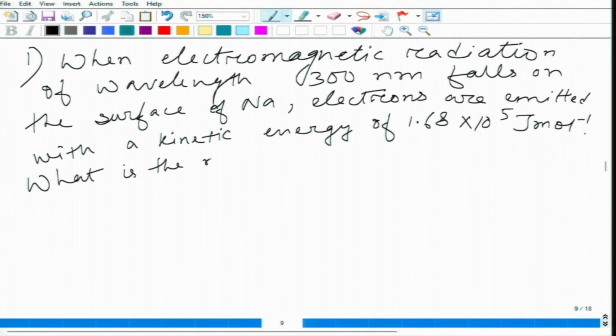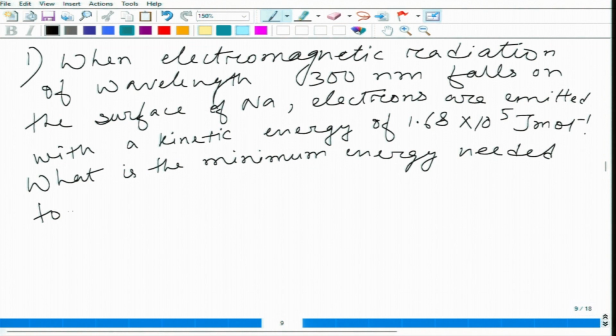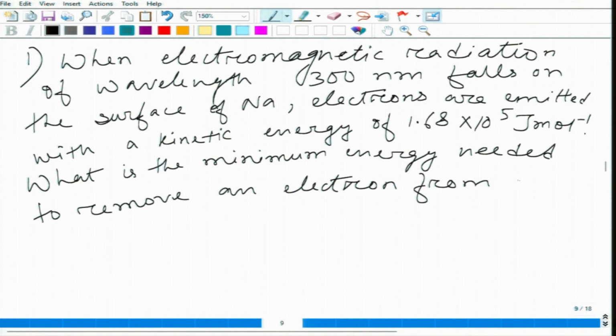What is the minimum energy needed to remove an electron from sodium?